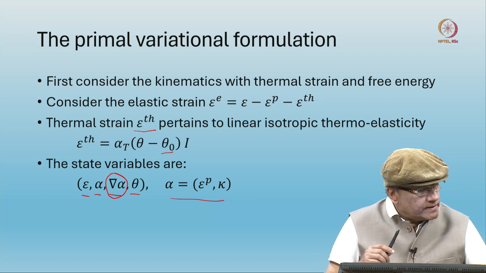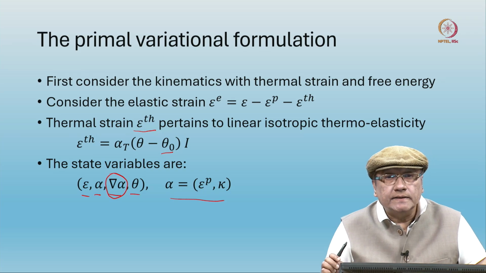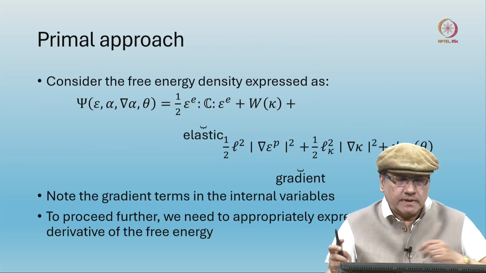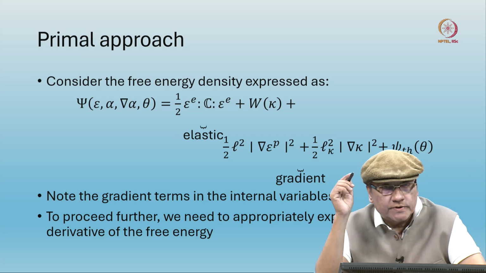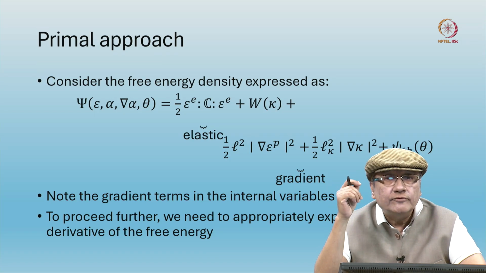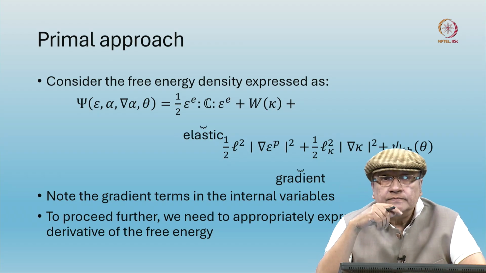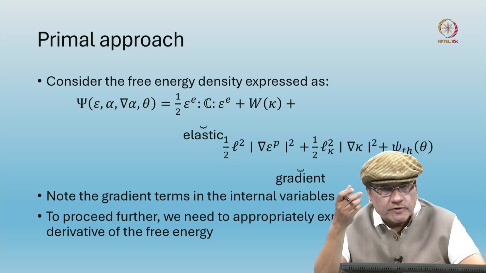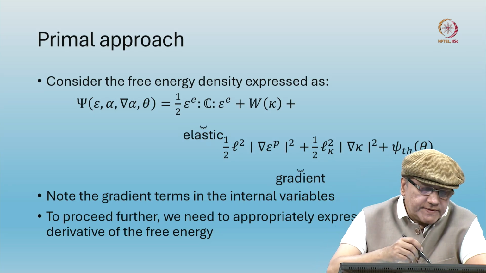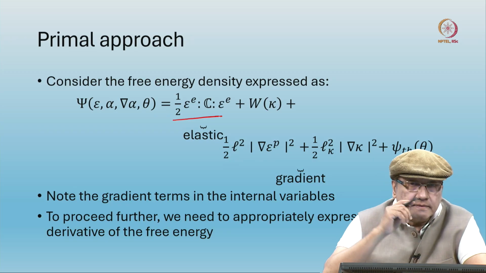All right, now let us go further. The starting point of course is to have an idea of what the free energy density functional looks like. Depending on your mechanics you have to construct it properly. So in this particular case, as in the other cases, we always have an elastic part.